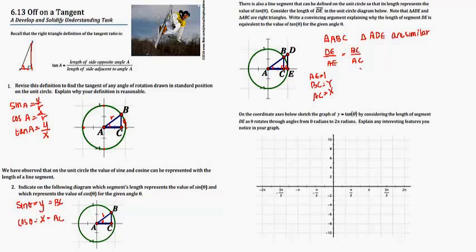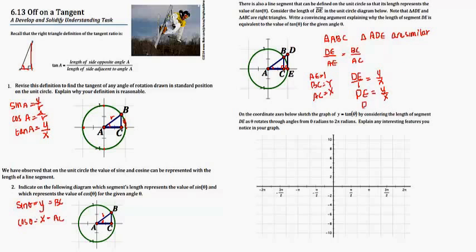So if we plug those in, we get that DE over 1 is equal to y over x. And that means that DE is equal to y over x, which is equal to tangent, because we just said tangent of the angle is equal to y over x.